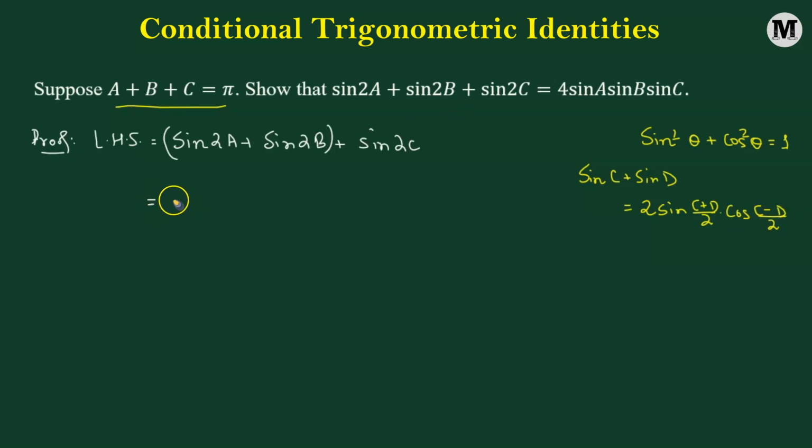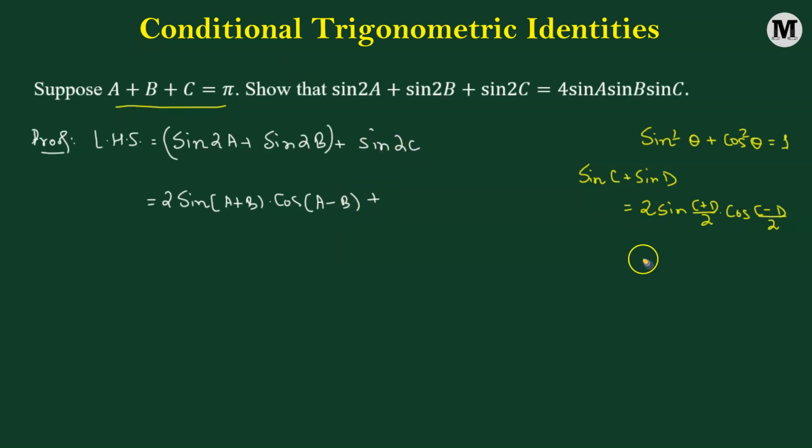In our case, we get 2 times sine of (A plus B) multiplied by cosine of (A minus B), plus sine of 2C.